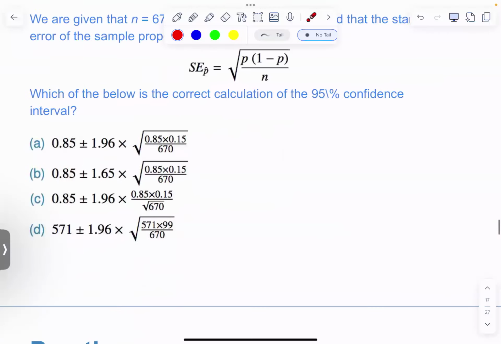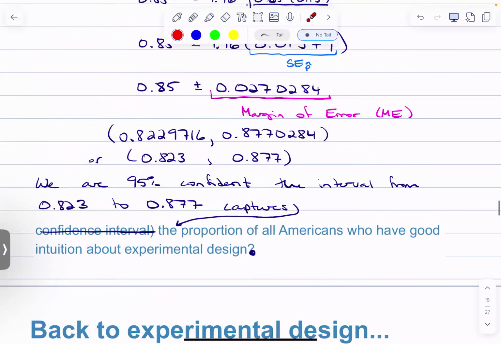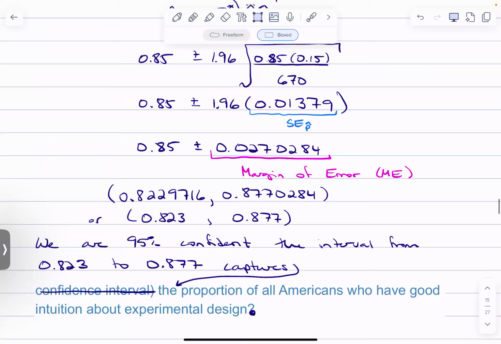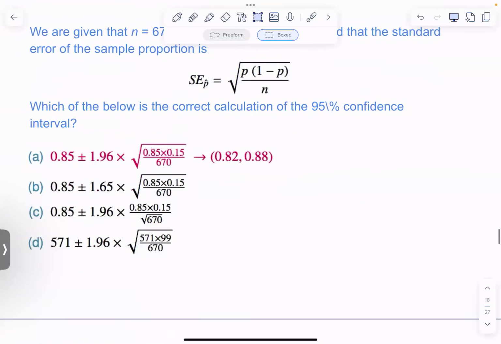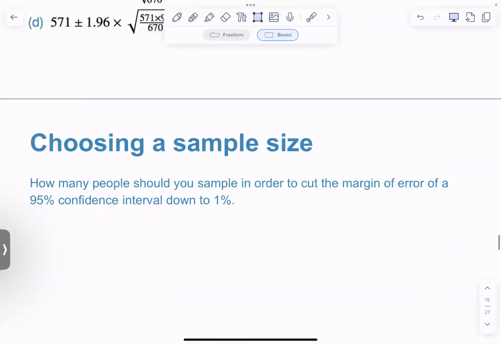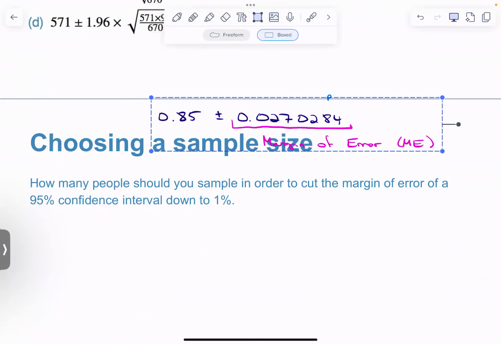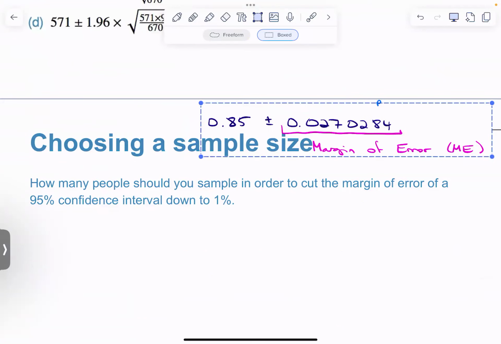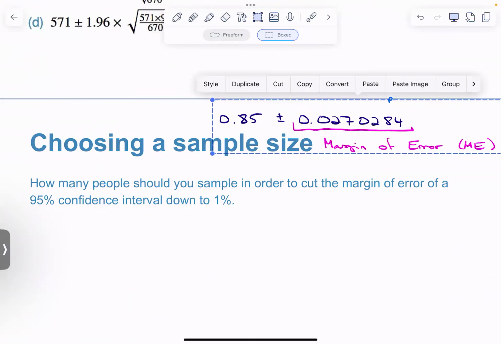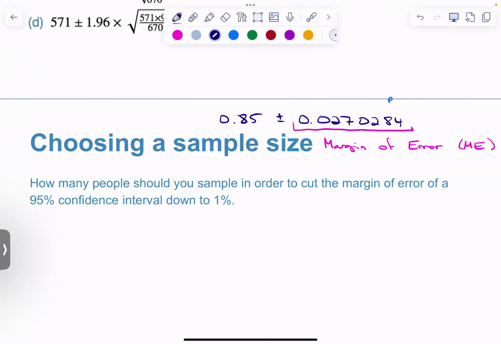Let me copy. I say that, but then I go back. We found our confidence interval was this, right?